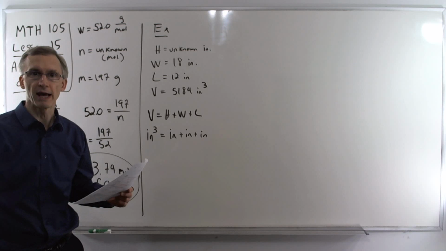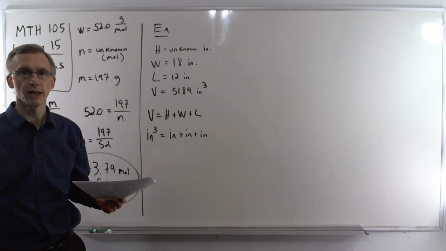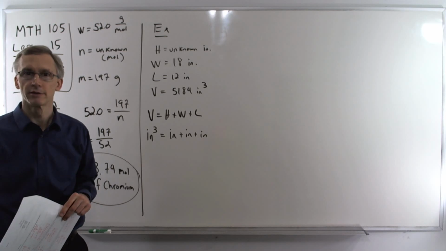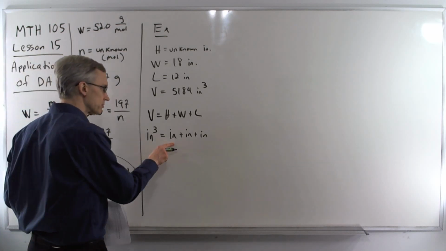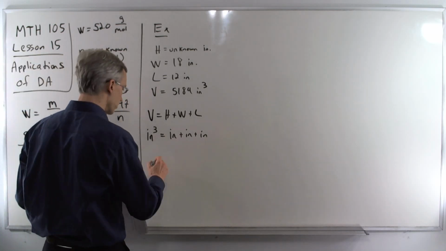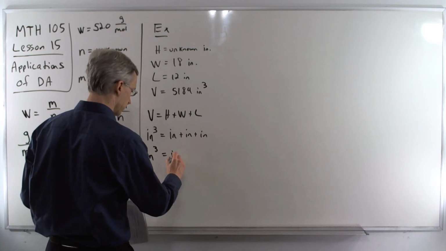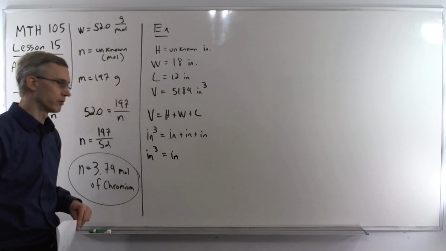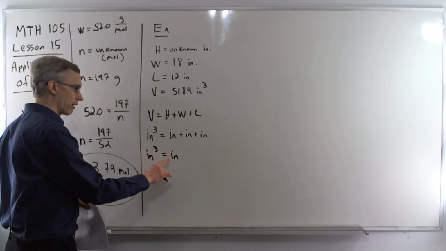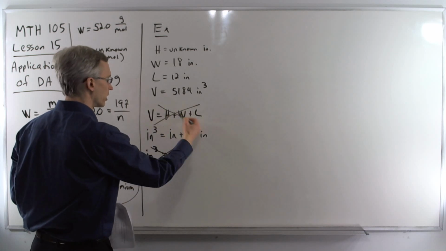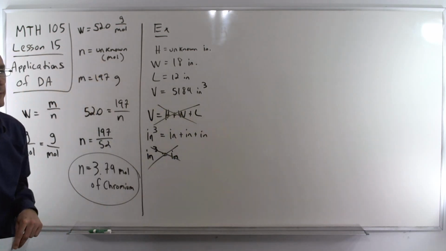You have 5 basketballs plus 3 basketballs, you don't get 8 basketballs squared, you just get 8 basketballs. So what we end up with is inches to the third power equals inches. Well, that's clearly not true. This one's to the third power, this one's to the first power. So that doesn't work, and that means this equation does not work.